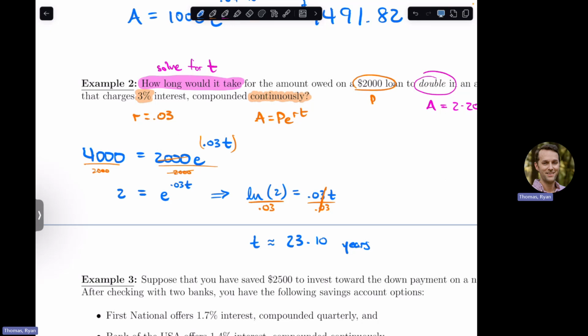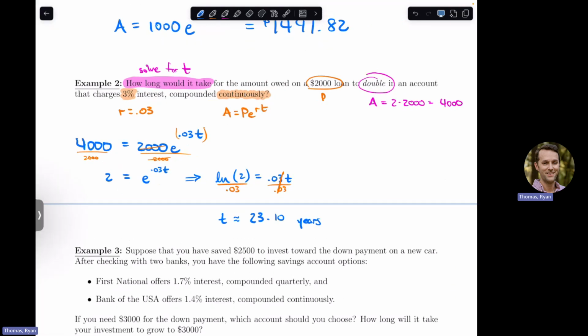Again, notice that if I had taken out the $2,000 part for the original loan, we could still answer the same question, right? And the same way. Think about that same question, but remove that specific amount. How long would it take for the amount owed on a loan to double in an account that charges 3% interest compounded continuously?